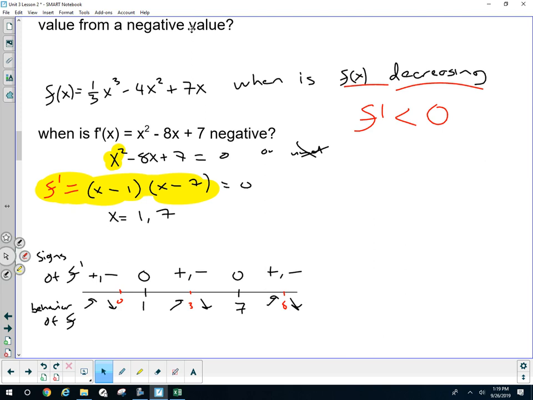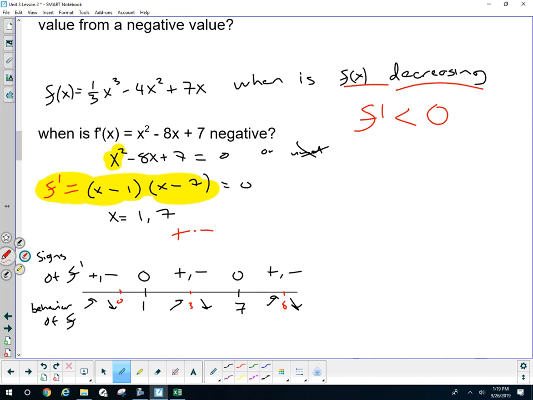it's easy for me, if I know products, to understand signs of products, right? I know a positive times a positive is a positive. I know a positive times a negative is a negative. I know a negative times a negative is a positive. Well, watch. If I take 3 and plug it in here for x, 3 minus 1 is a positive value. 3 minus 7 is a negative value.